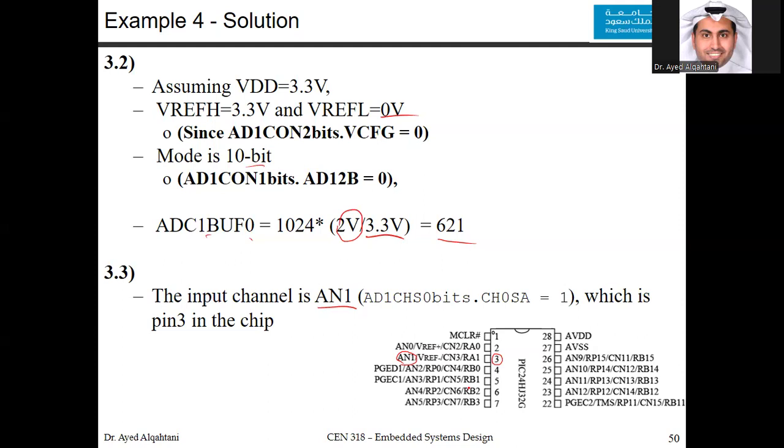We discussed many essential modules, like the timer, the output compare, the GPIO, the oscillator module, the configuration bits. We discussed also the interrupts. We've worked with communication modules like the UART and the SPI. And we also discussed analog to digital conversion today. So this will mark the end of this class, and I will see you in other classes.